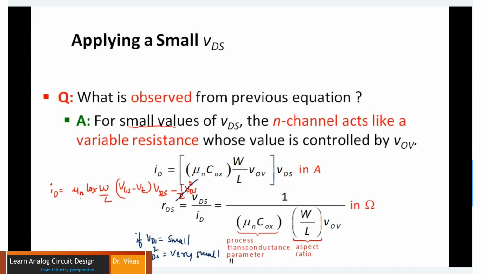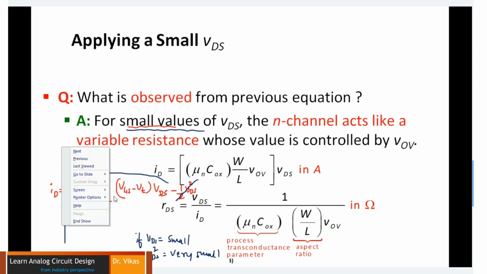I can represent ID for a small value of VDS something like this: ID equal to mu n Cox W by L VGS minus VT times VDS. This is basically the equation of drain current for a small value of VDS.